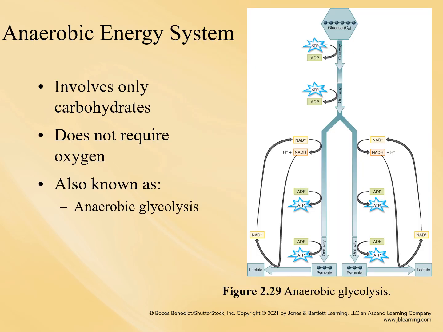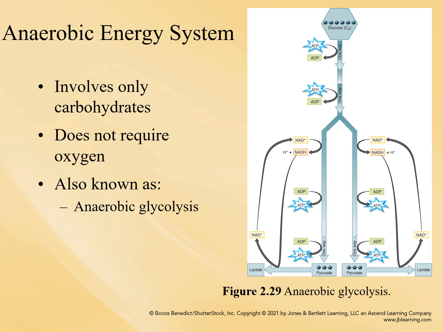So the anaerobic energy system starts with carbohydrates, and you see the glucose at the top. You'll see that there are 2 ATP that are required to start to metabolize that carbohydrate to get it in the right form so it can move forward.